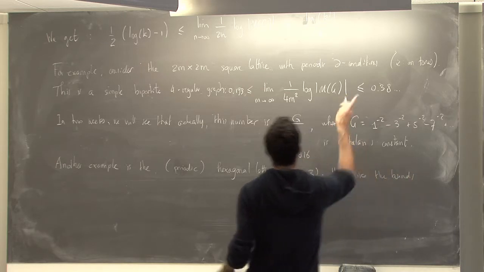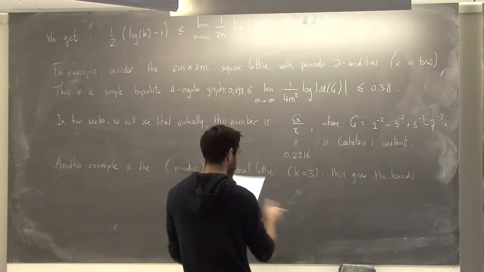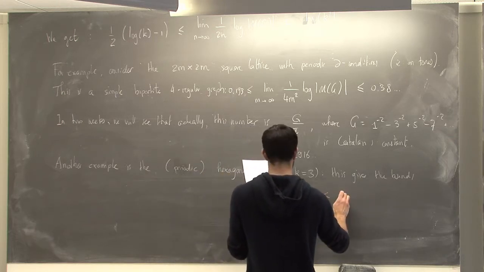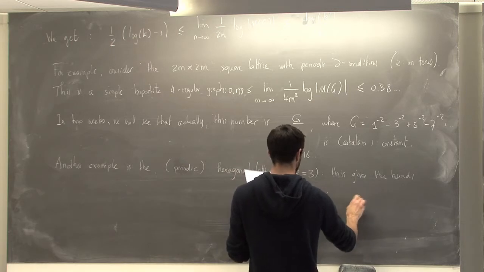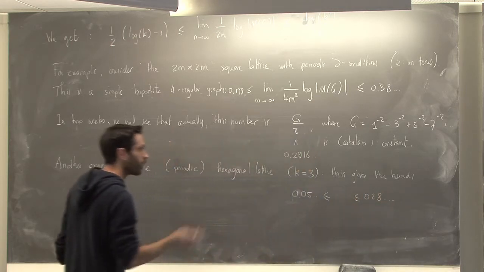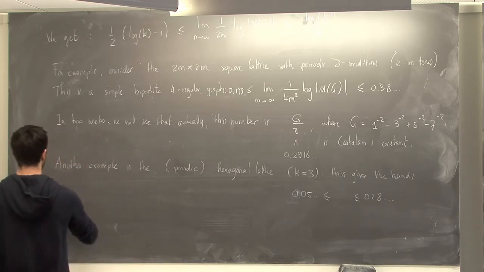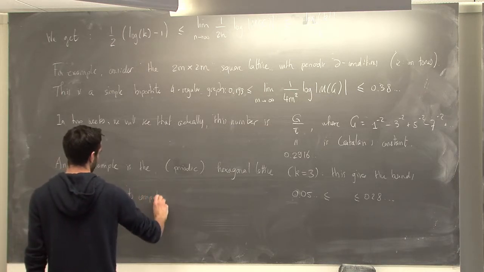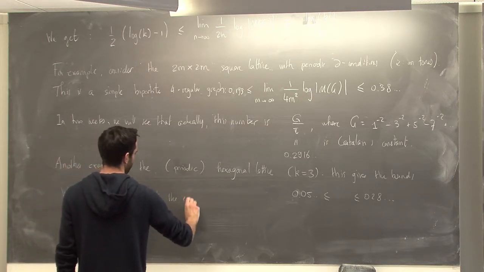So you just replace by k equals 3, and what do you get? Here you get 0.05 less or equal to your number, which is less or equal to 0.28, etc. Again, we will compute the actual, the exact value.